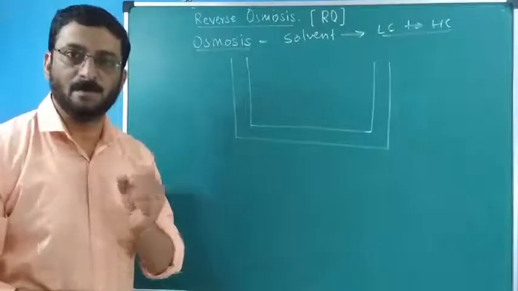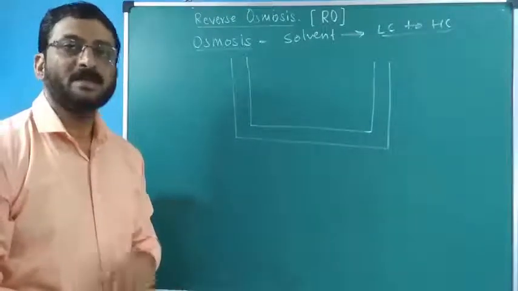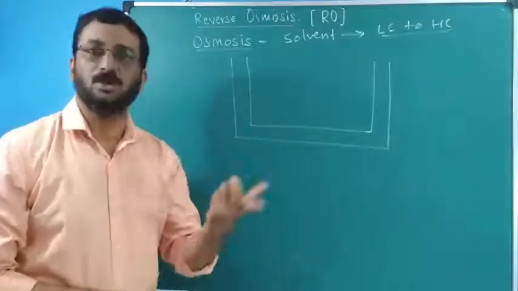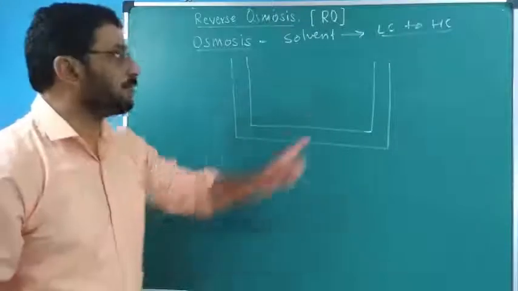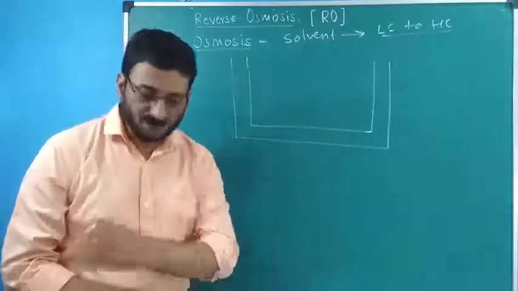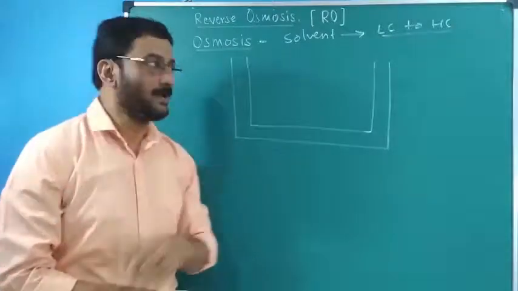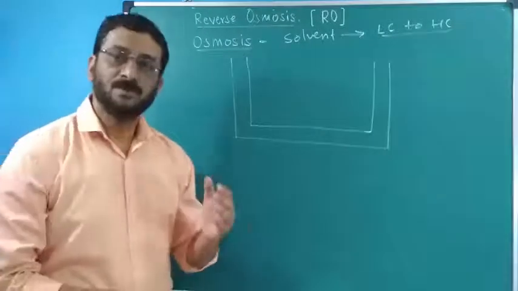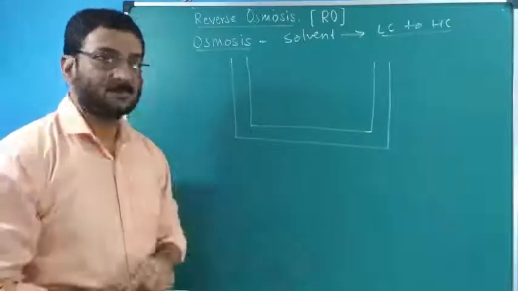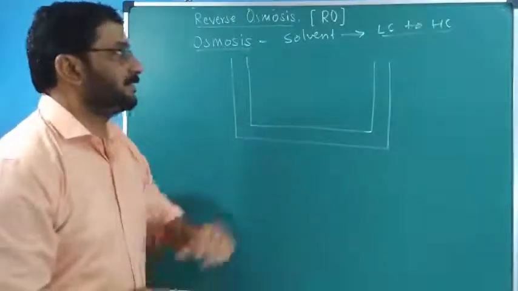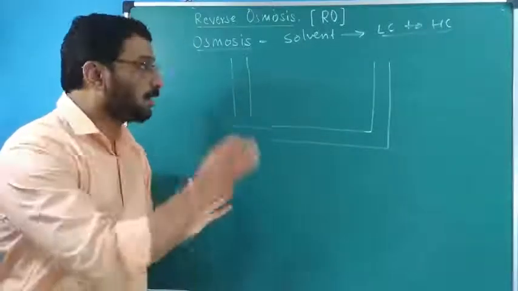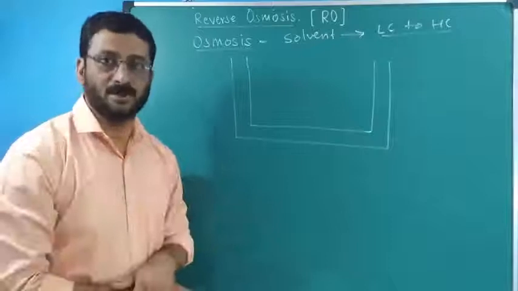It is a permeable membrane, but a semi-permeable one. It allows only solvent molecules, say water molecules, to pass from the solution of lower concentration to higher concentration. This flow of solvent continues till the water level in the higher concentration compartment creates sufficient pressure to counteract the original flow of solvent.